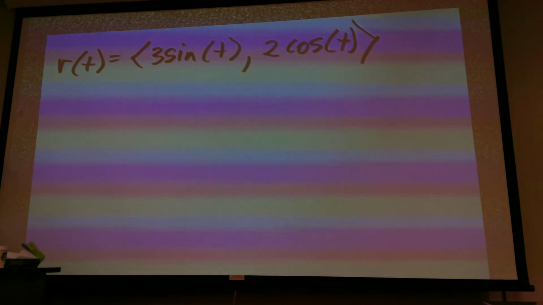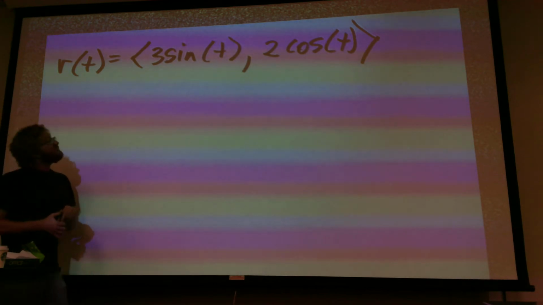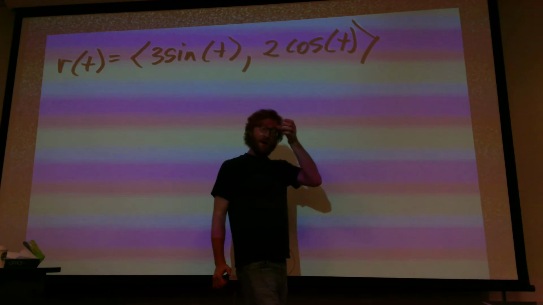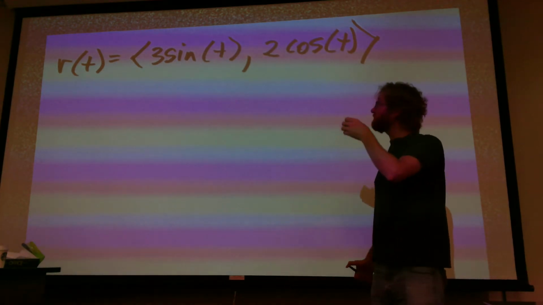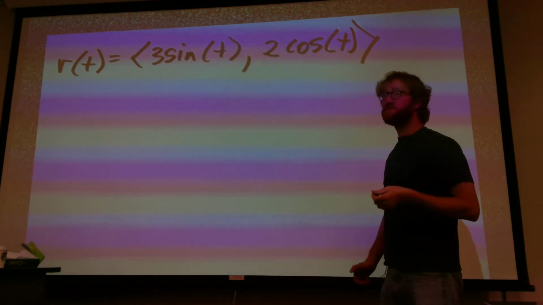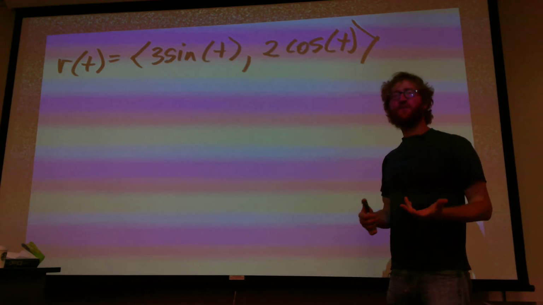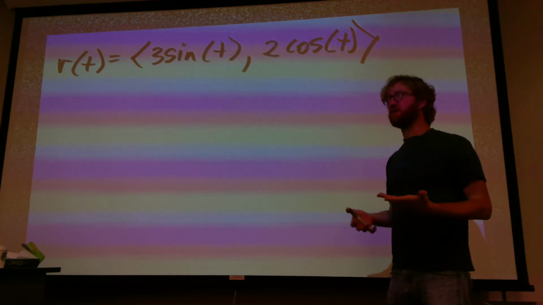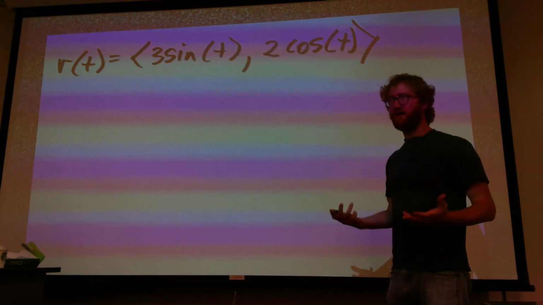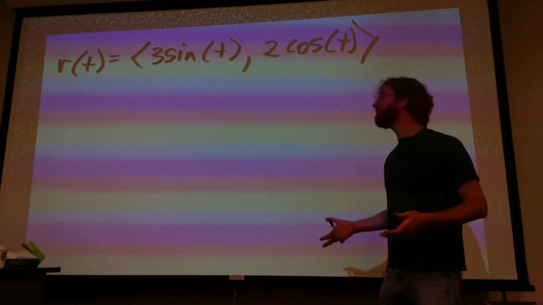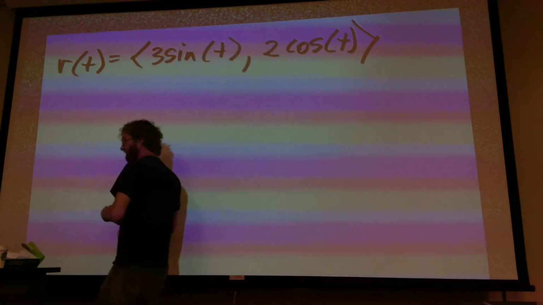Okay, once again, this thing is two-dimensional. So, this one is not that obvious of what this thing would look like. But what we're going to do is we're going to sample the standard points. We'll say, what is it at 0? What is it at pi over 2? What is it at pi? 3 pi over 2, anything like that.